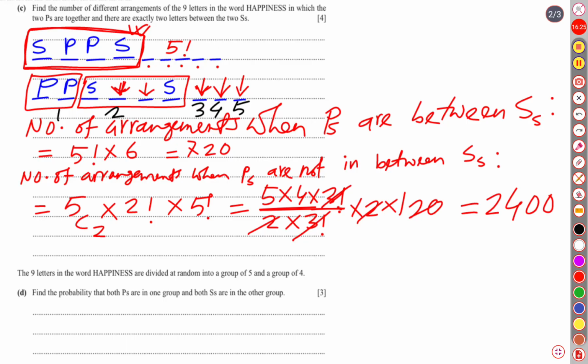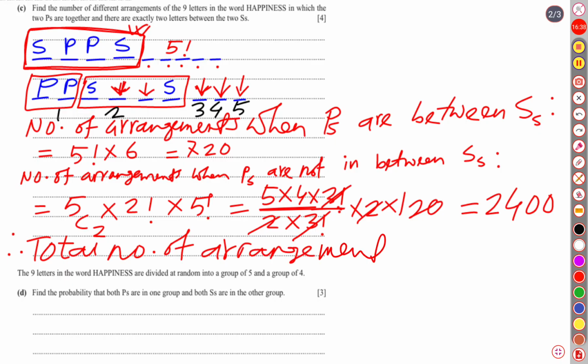Well, then we will have to write the total number. Hence, total number of arrangements, if we add up: in the first case there were 720 arrangements, and in the second case it was 2400.